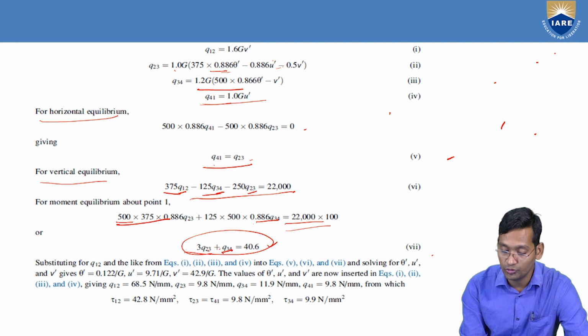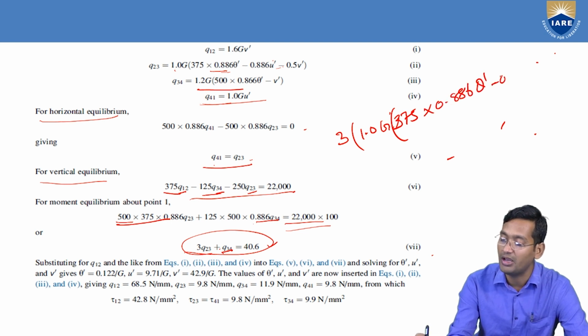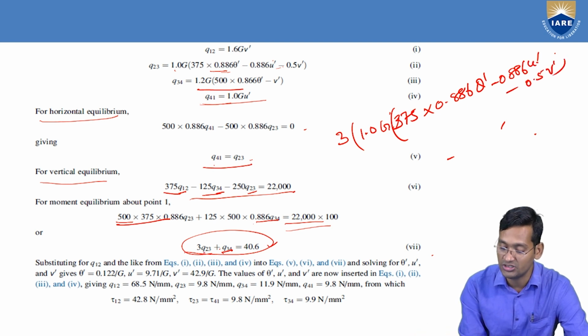Okay. So Q23, right? Q23 is here. So 3 into Q23, 1.0 G in whole into 375 into 0.886 theta dash minus 0.886 U dash minus 0.5 V dash. 3 into this term over plus Q34.